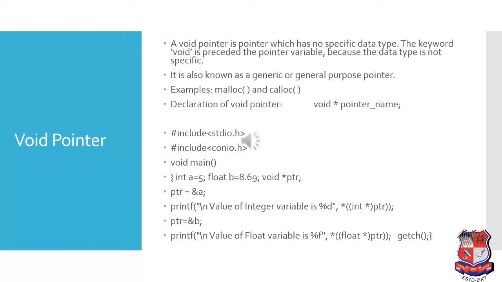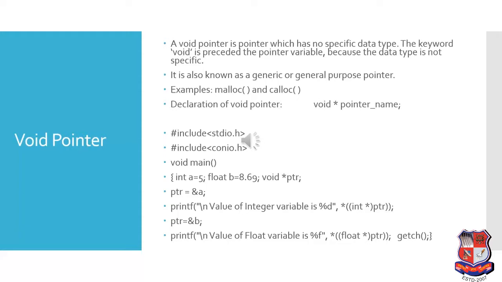In the first example, I told you that the compiler will show an error if we assign the value of B to pointer P. Why? Because B was declared as float, while the data type of the pointer we have declared as integer.